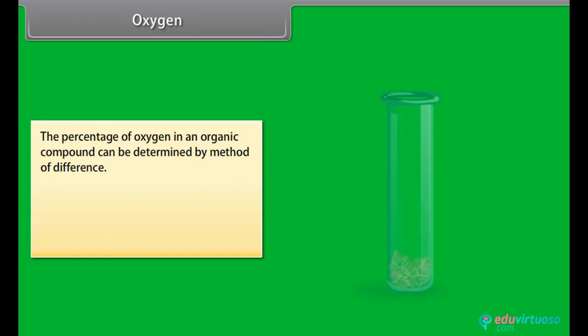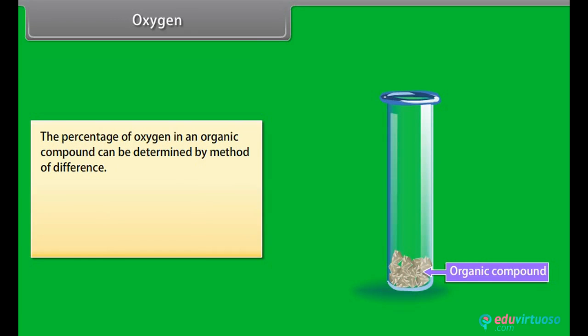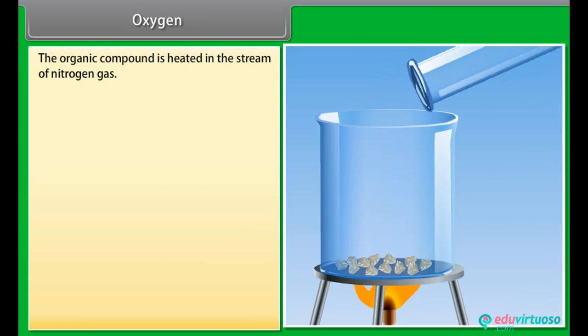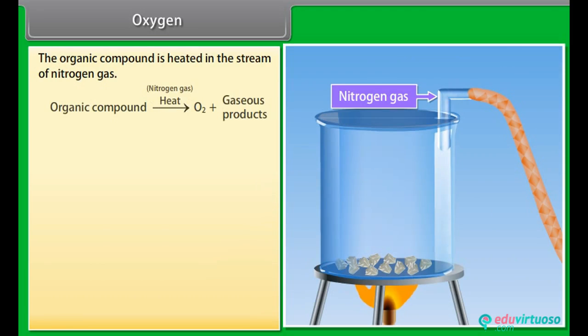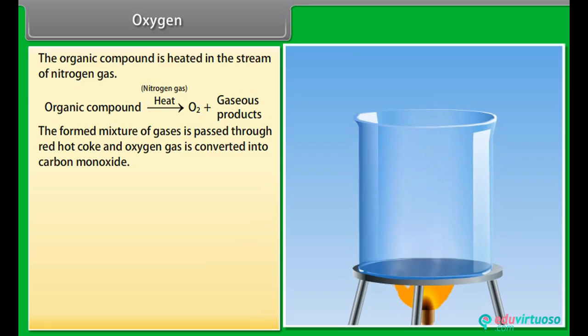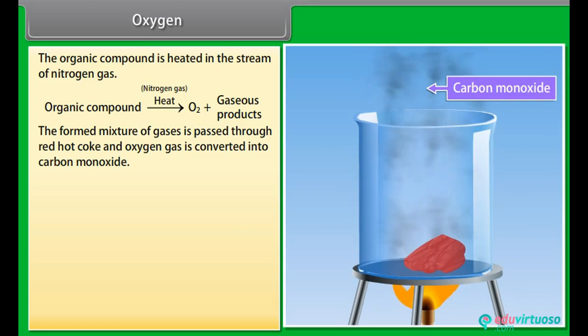Oxygen. The percentage of oxygen in an organic compound can be determined by the method of difference. All the elements in the organic compound except oxygen are estimated and the total of their percentages is subtracted from 100 to get the percentage of oxygen. The organic compound is heated in the stream of nitrogen gas. The formed mixture of gases is passed through red-hot coke and oxygen gas is converted into carbon monoxide.